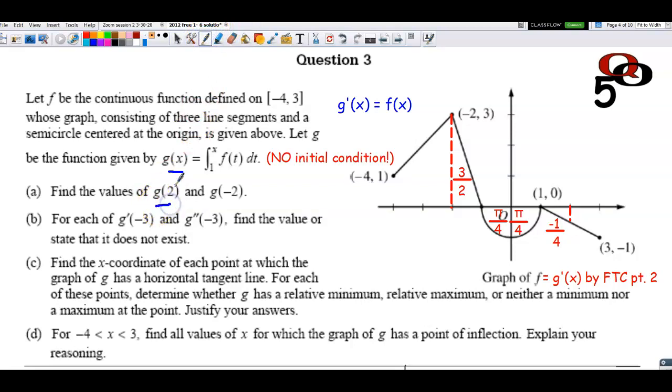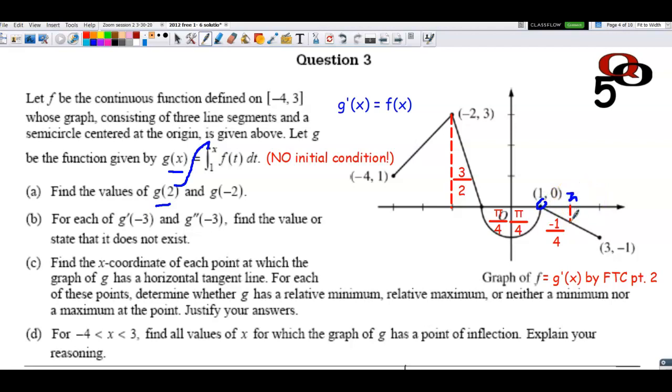Well, that's really easy. All I'm going to do is substitute 2 here, and I'm going to find the area from 1 to 2 of f of t. So if I want to find the area from 1 to 2, here is 1, here is 2 right here.